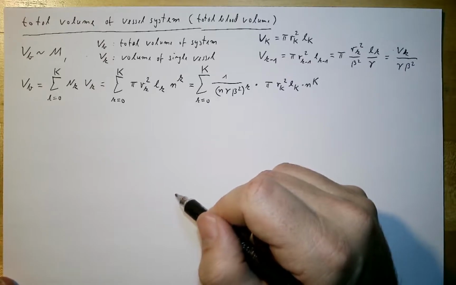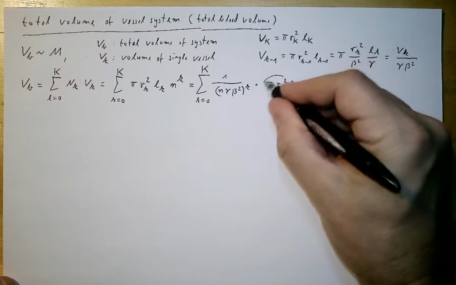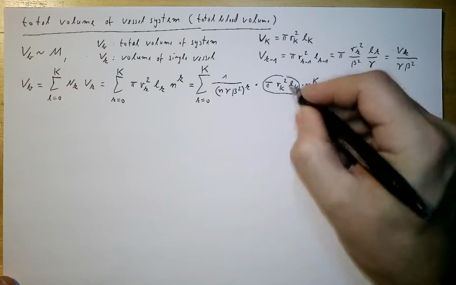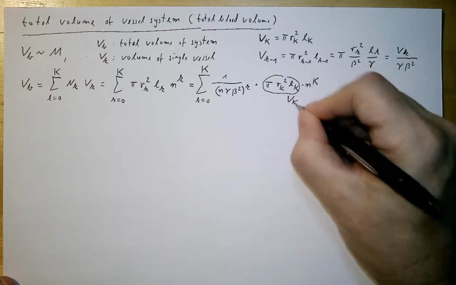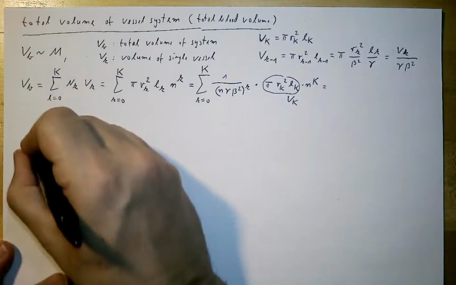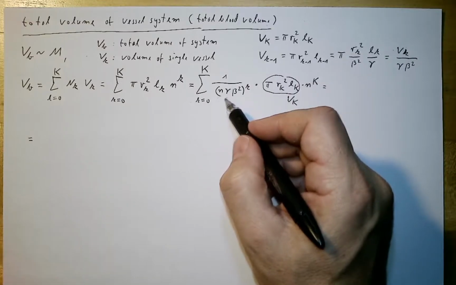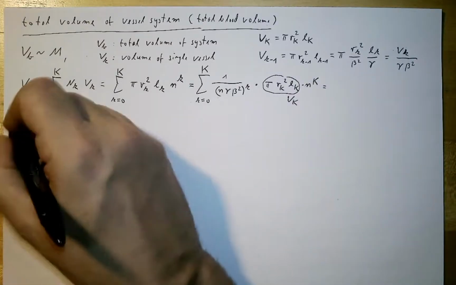And this here is just our volume of a capillary. And now we can work this out. This is a finite geometric sum.